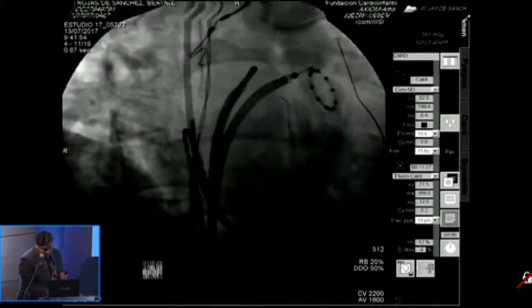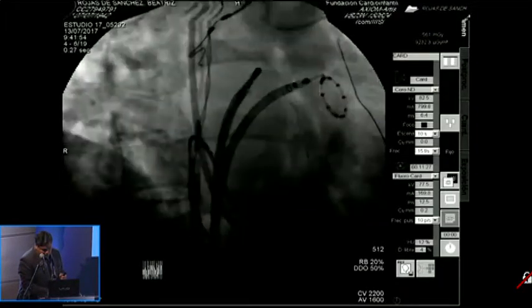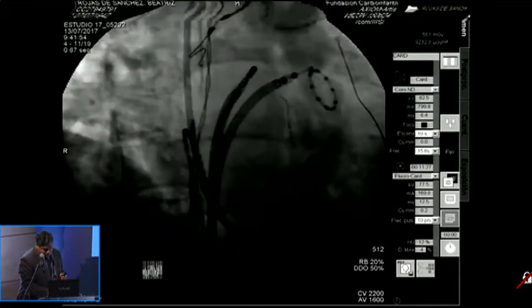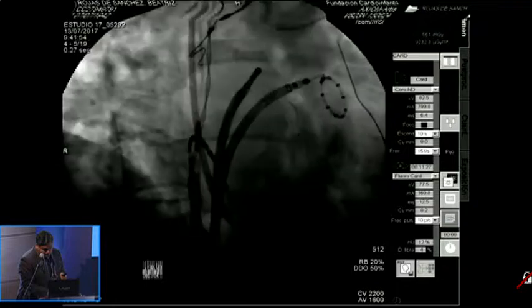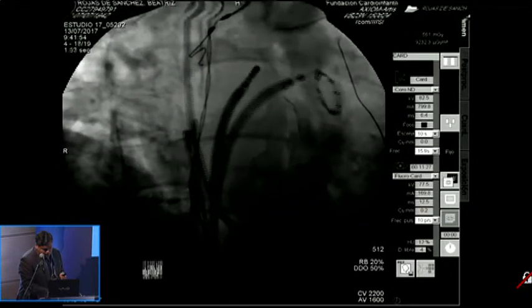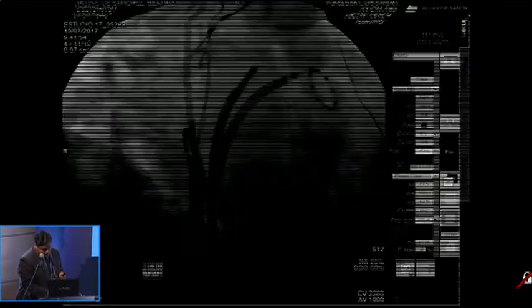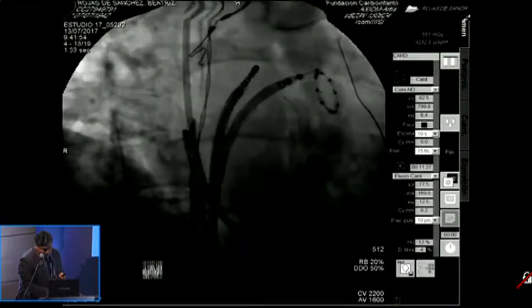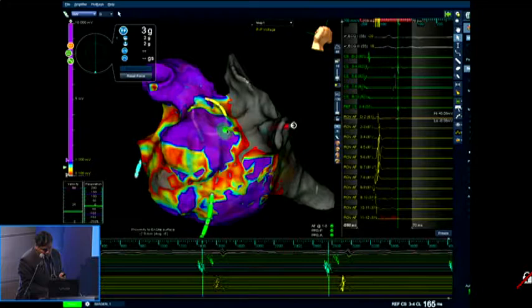We are trying to record signals through the wire in the Marshall vein, but we are experiencing some technical difficulties because we cannot record the signal. Usually, okay, it's ready. Can you show me the map? The NAVEX map. Here you can see the guide wire.